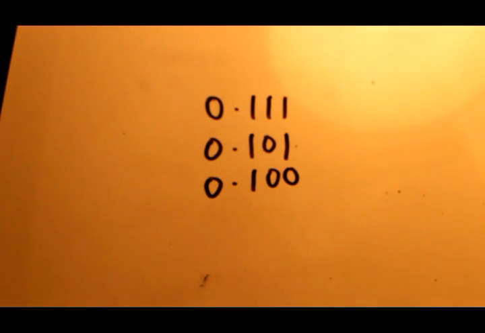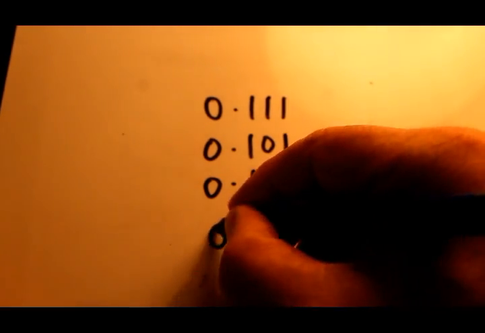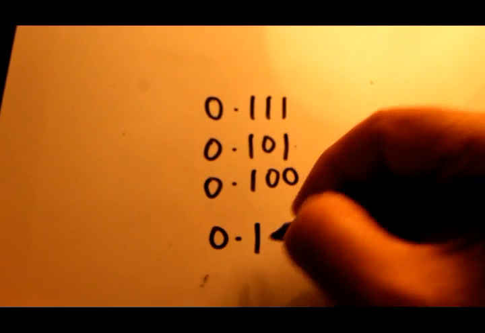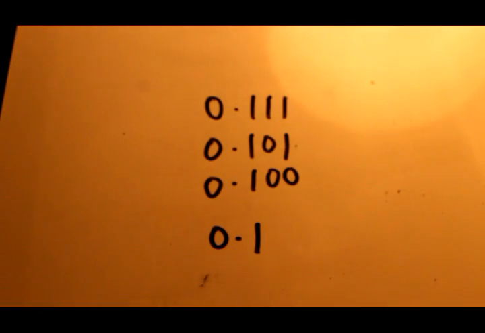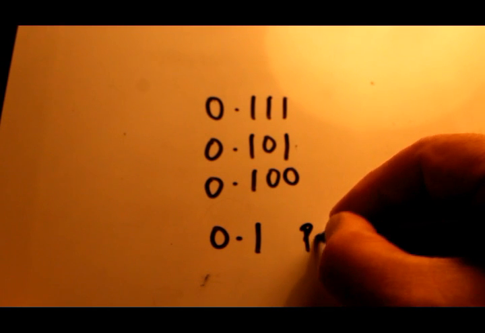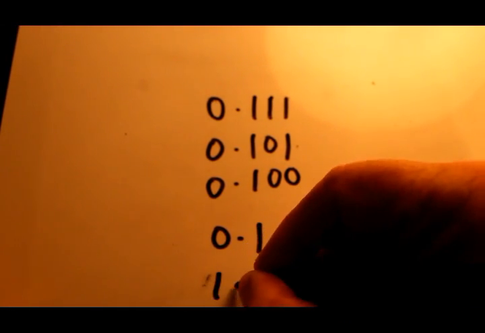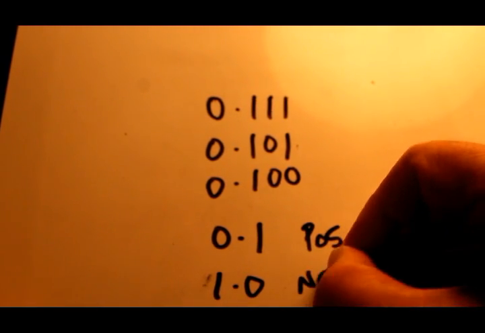These are all normalised positive numbers because they start with a 0 and after the decimal point there's a 1. So that's a normalised positive number and that is a normalised negative number.